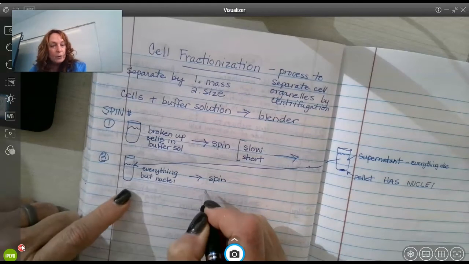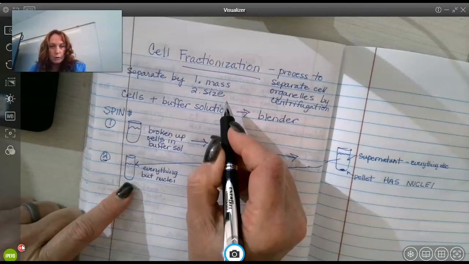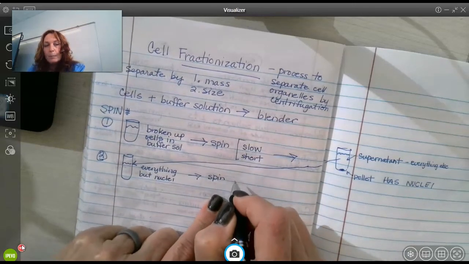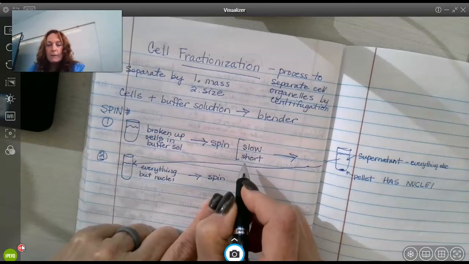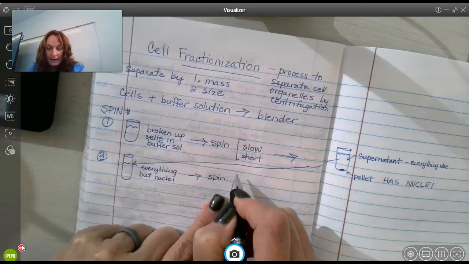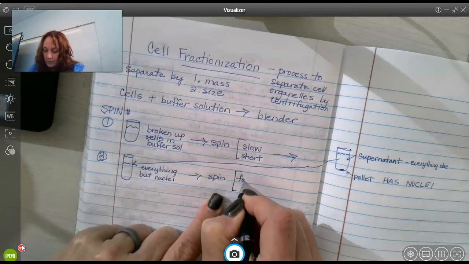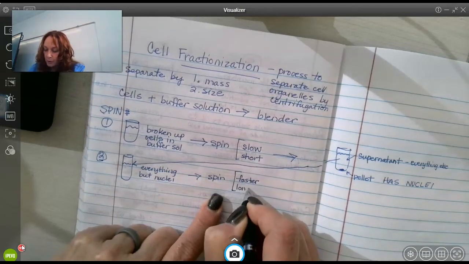So whatever in there that's left, that's large or heavy, we'll spin it down, but we can't spin it down slow in a short period of time. The smaller something is, the longer and the harder, faster, you have to spin it. So we're going to go faster, and for a longer period of time.